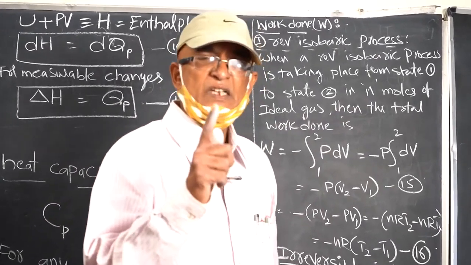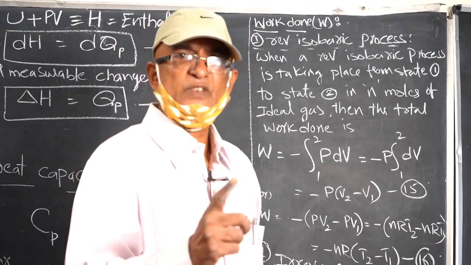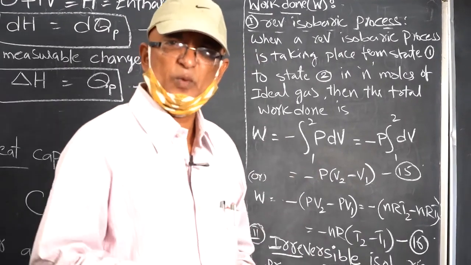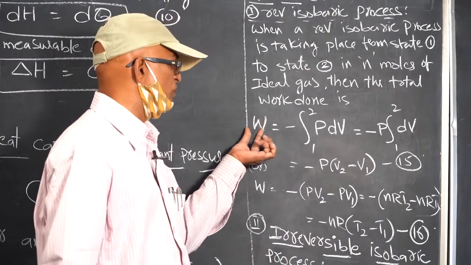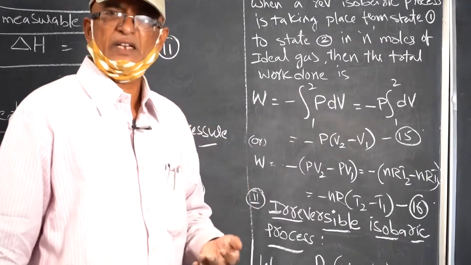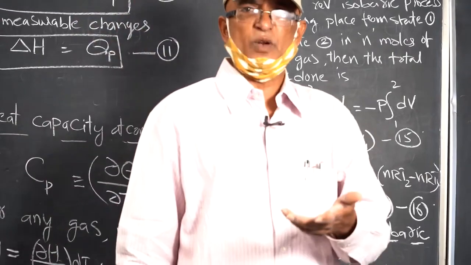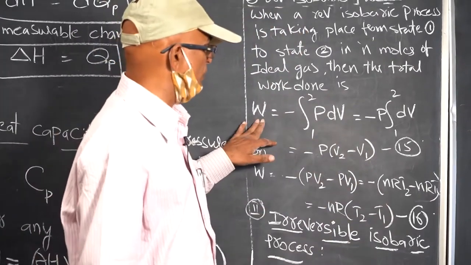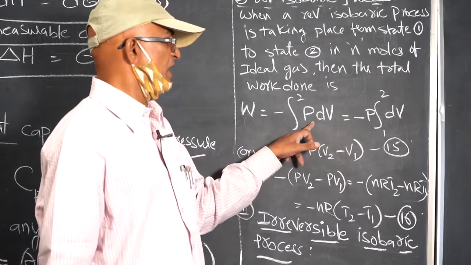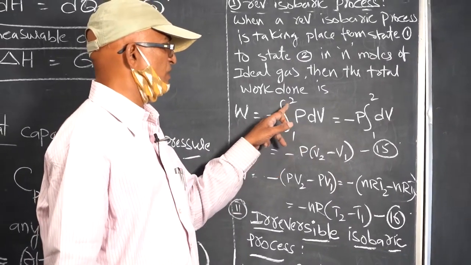But you know that for any reversible process, the work done is given by W is equal to minus integral 1 to 2 PdV. Whenever you calculate the work done in any reversible process, you have to use this formula, W equals minus integral 1 to 2 PdV. Here the process is taking place from state 1 to state 2.